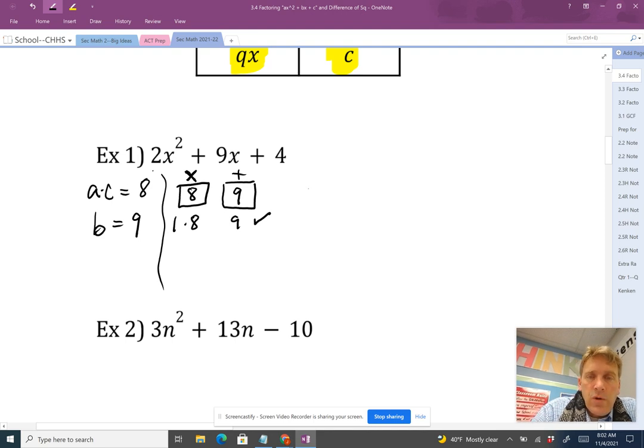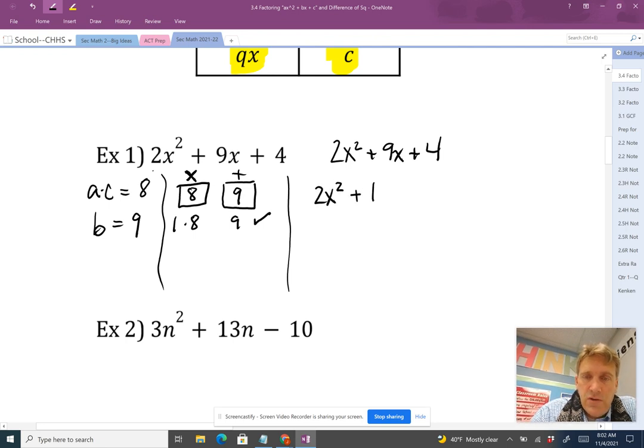So we're going to rewrite 2x squared plus 9x plus 4 as 2x squared, this first term stays the same, plus 1x plus 8x plus 4.